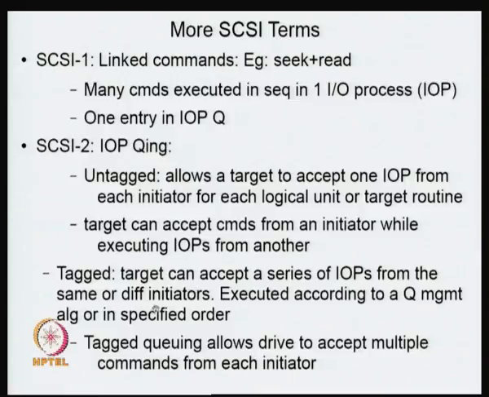With tagged requests, because I have information about each of the requests and I know which initiator sent it, I can execute them in the order that's best for the device, and respond to the actual initiators who initiated them without any difficulty. If I don't have tagged ones, I'm not really in a position to do it. So basically tag queuing allows the drive to accept multiple commands from each initiator.